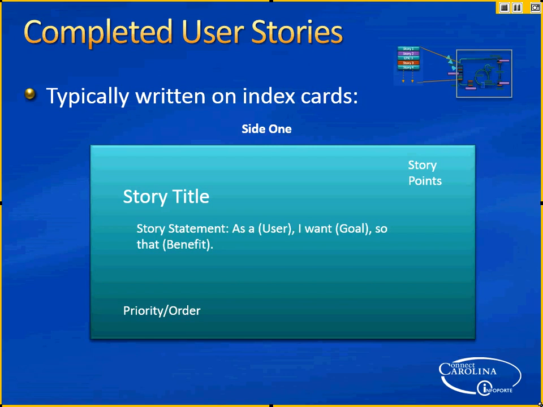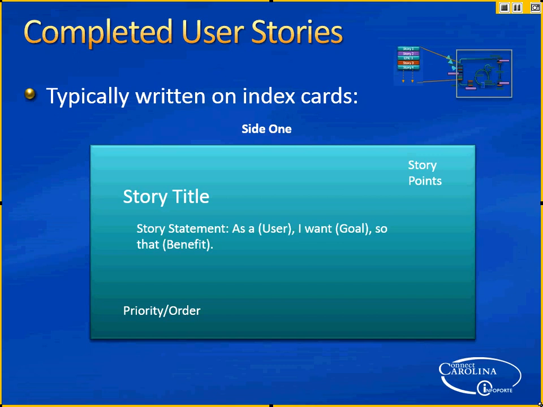Good. We talked about user stories, and we focused in our first discussion on the title of the story, right? The story statement. As a user, I want what so that I get why, right? That's the user story. After it's been through the prioritization process, it's going to get a priority.